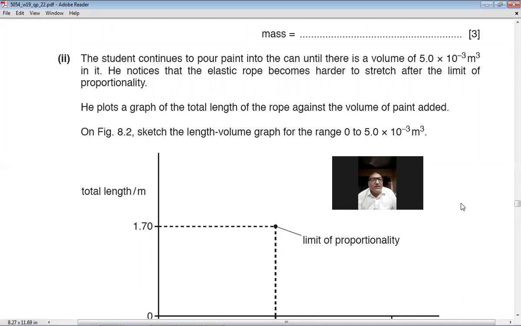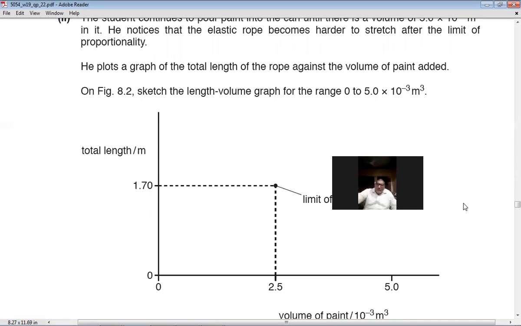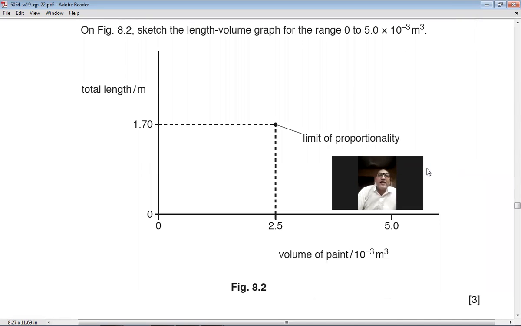On figure 8.2, sketch the length-volume graph for the range 0 to 5.0 times 10 to the power minus 3. So this is the limit of proportionality. So up to this point, let me show you the graph. So this is the limit of proportionality.